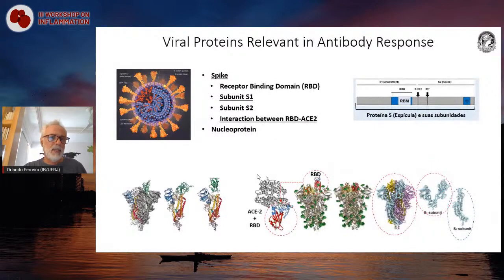So this is just to point out the viral proteins that are relevant for antibody response. For this study, we're going to show you the results using the trimeric spike protein, some data with the S1 subunit of the spike protein, and the interaction between the RBD and ACE2, which is the Lumit assay.